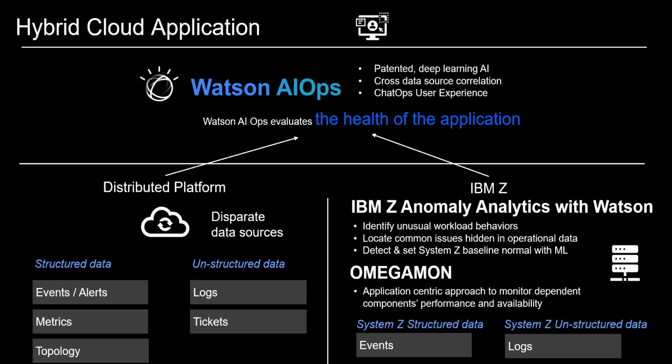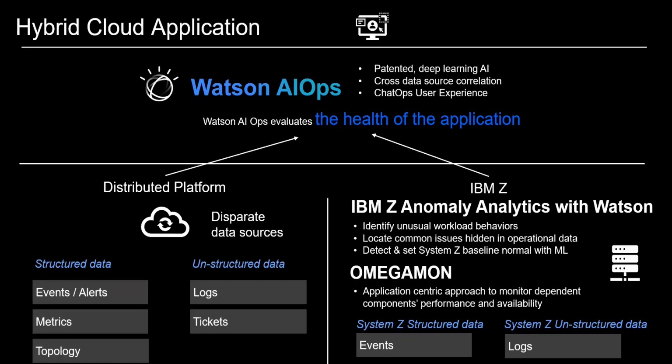A lot of that is driven through the application topology, so understanding whether this mobile device is related all the way back down to this DB2 or CICS region. So maybe we see an event that says our banking application is taking a very long time from my mobile handheld device, and we have an anomaly event from Z Anomaly Analytics with Watson that shows our CICS response times have really spiked.